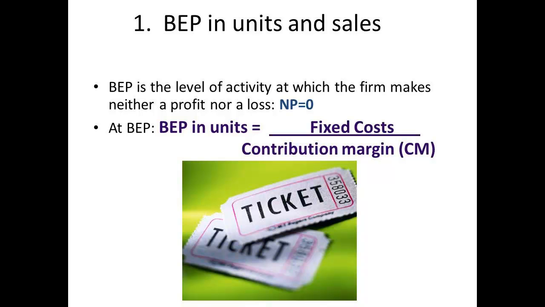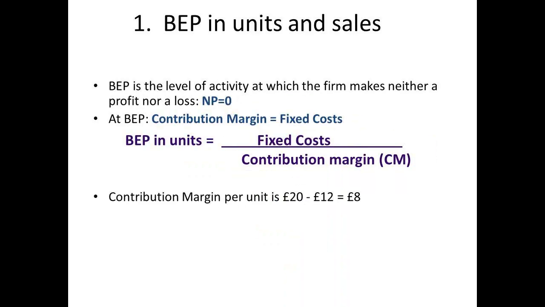To find the break-even point in units and sales, our break-even point in units equals fixed costs divided by the contribution margin. So, the contribution margin is sales revenue per unit, £20, less variable costs, £12, which equals £8.